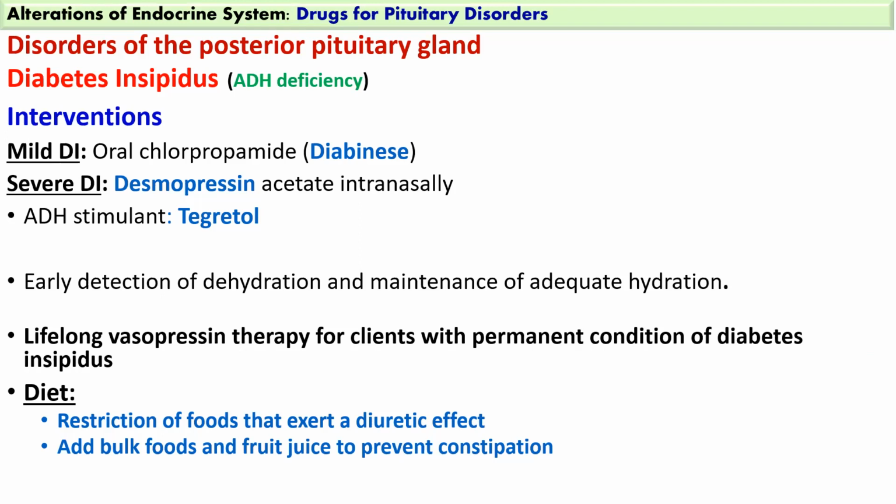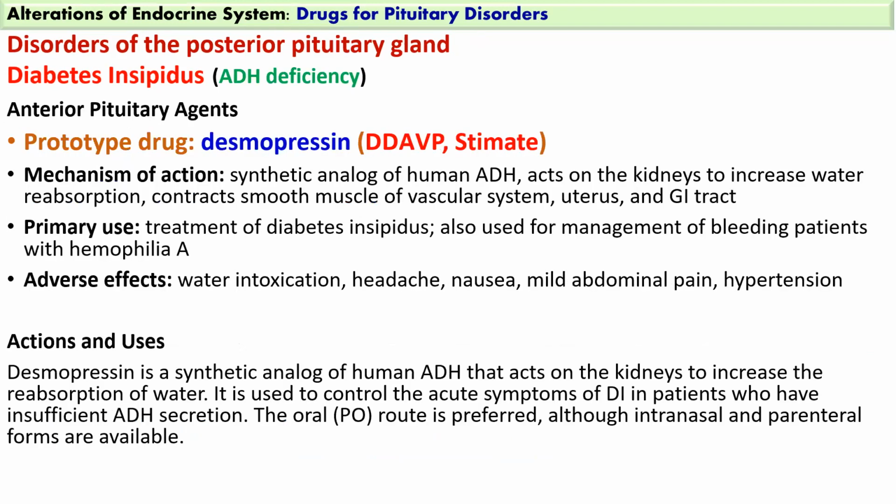Also, for patients on vasopressin or desmopressin, teach them that polyuria and polydipsia are both signals to take another dose of vasopressin. The ADH hormone conserves water in the body.